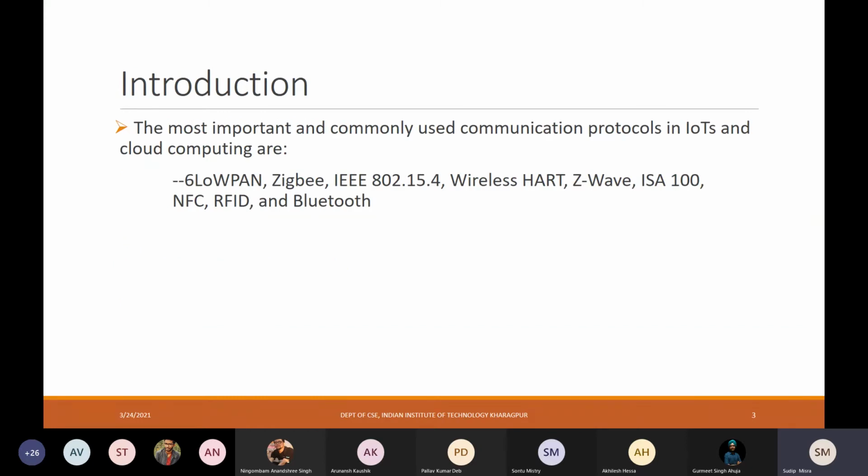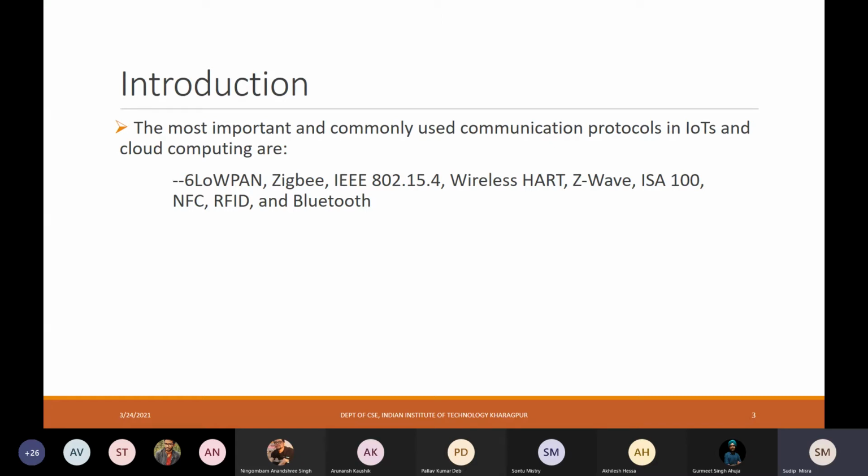The most important communication protocols for this integration of IoT with cloud computing are 6LoWPAN, Zigbee, and the protocols that follow the IEEE 802.15.4 standard.